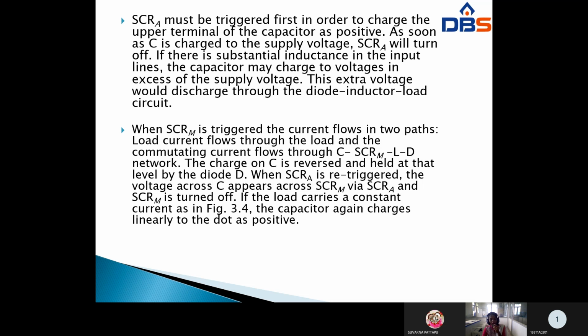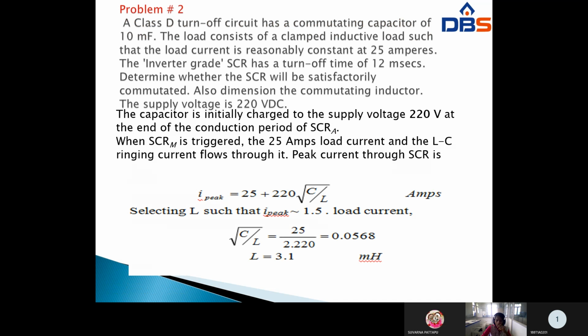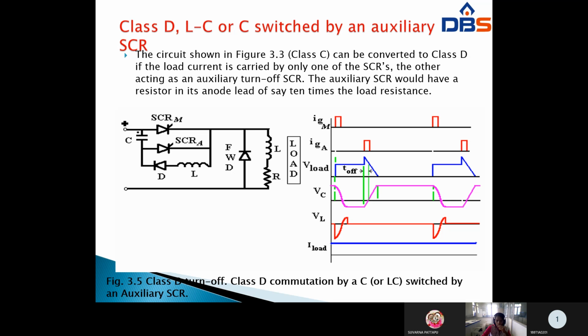So whenever the auxiliary SCR is triggered, the capacitor will be charging through the supply voltage to the supply voltage, and the auxiliary SCR will turn off, if there is substantial inductance in the input lines. Here we have seen that inductance will be there in the input lines.